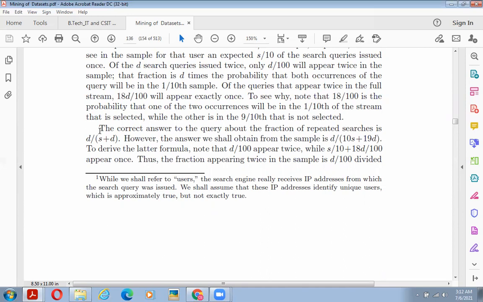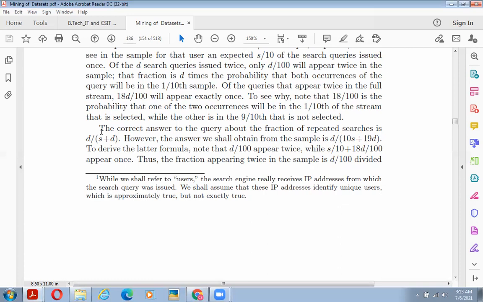With our notation, we came across that of all the queries, if it appears twice, we assume how many times the two queries will be asked in the 100 sample space. With the probability principle, we get an answer of 18/100 for one occurrence out of two.